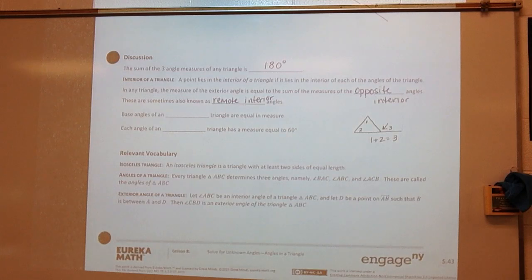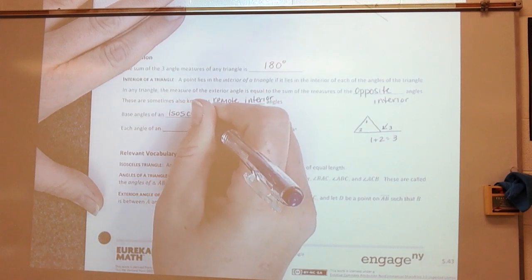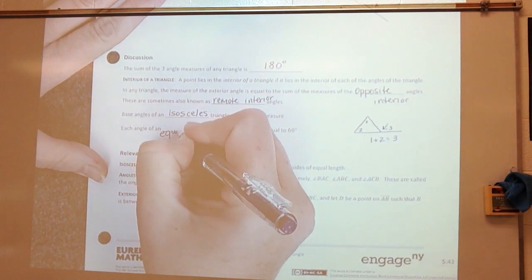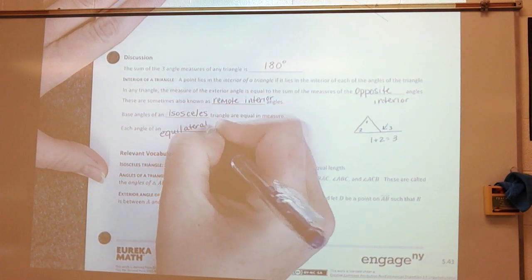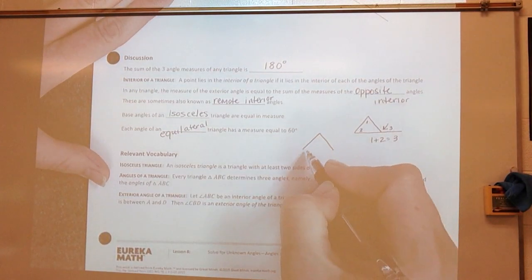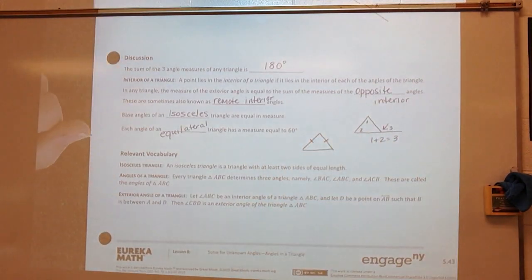Base angles of a blank triangle are equal in measure. Guys, isosceles triangles. Each angle of a blank triangle has the measure equal to 60. Equilateral. If you remember, an isosceles triangle has two equal sides.